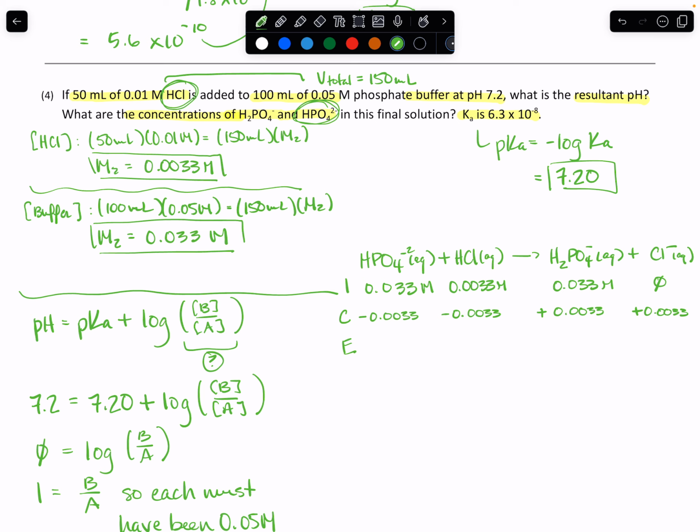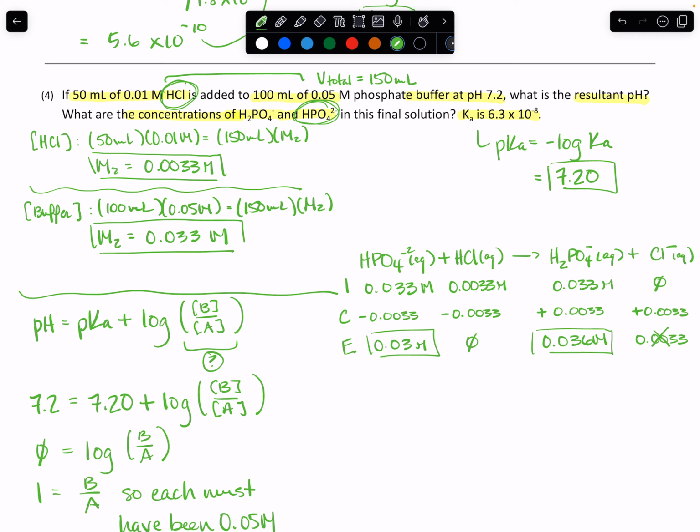I have 0.03 molar left of my HPO4 2 minus, none of that strong acid, and then I have 0.036 molar of my H2PO4 minus, and then 0.0033 of that chloride ion. But the chloride ion is irrelevant because that's the conjugate base of a very strong acid. So what I've got in solution is some HPO4 2 minus and some H2PO4 minus.